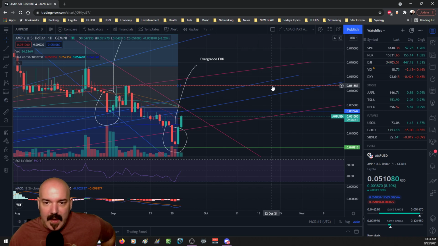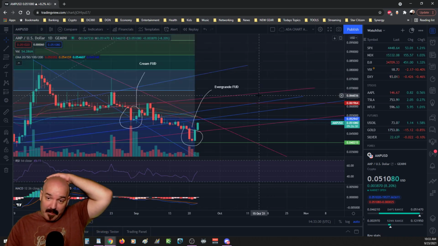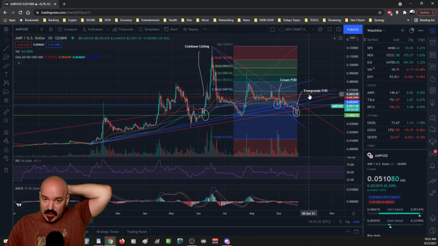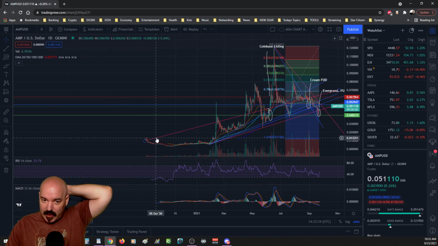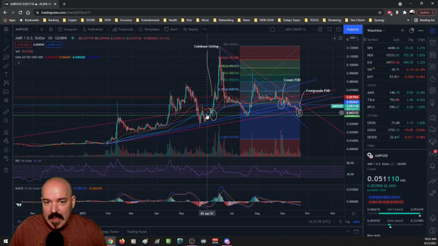But I think then we will probably test this area, which is around the 0.069 area. And if it gets back on track with that very important trend line from the ICO, you can see that we have these violent swings up, and we also have those violent swings down too.